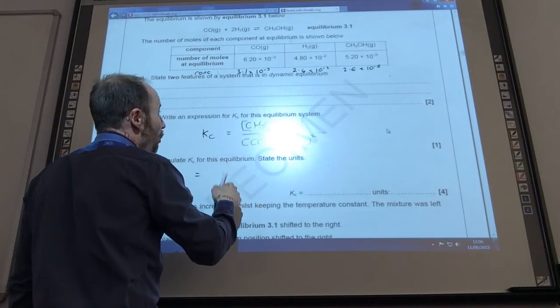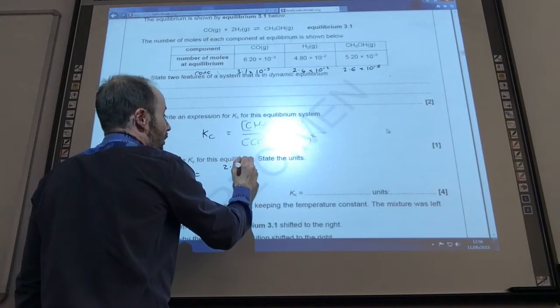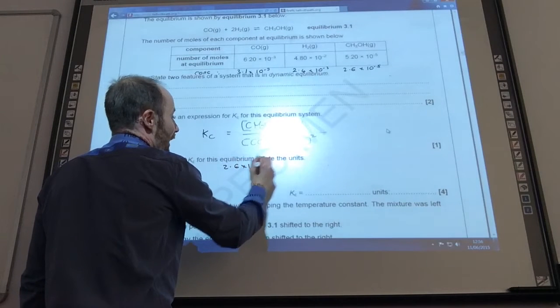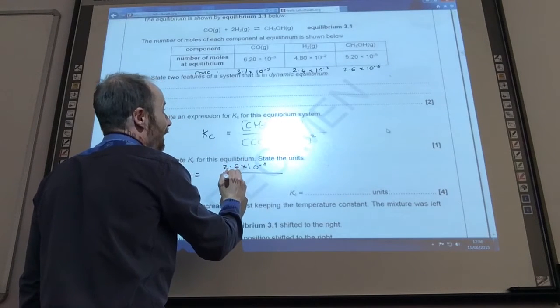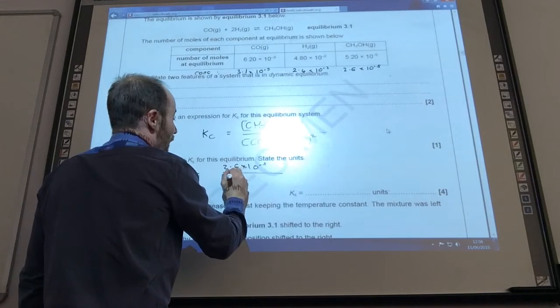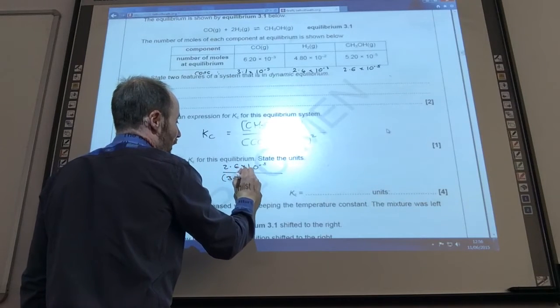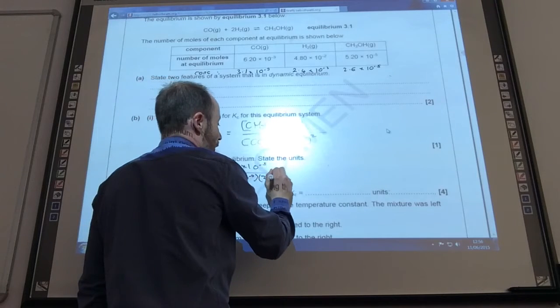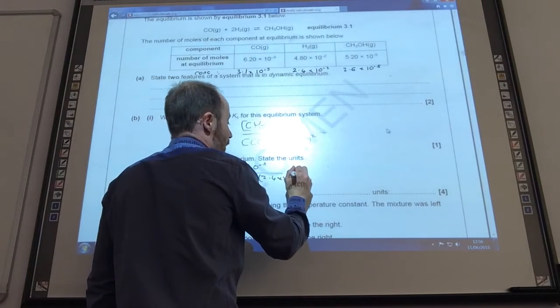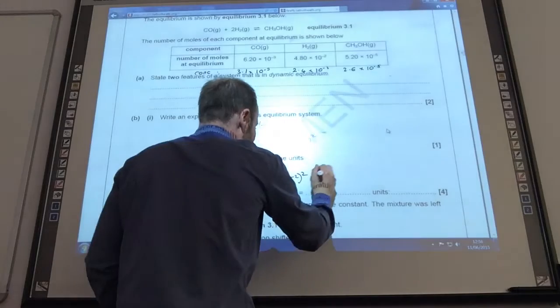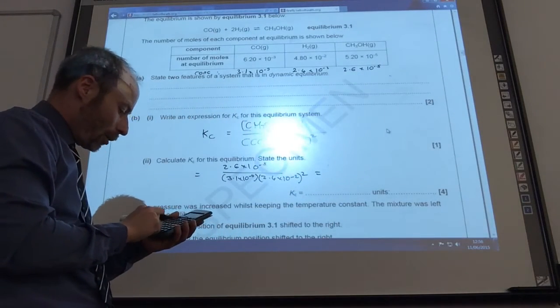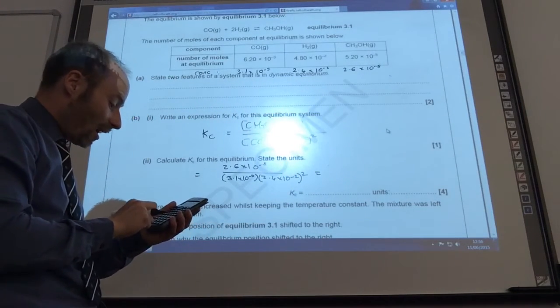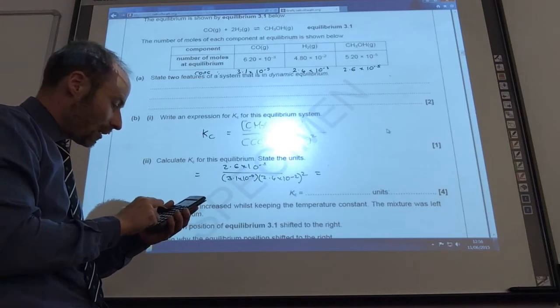So now I put those numbers into Kc. So that becomes 2.6 times 10 to the minus 5 over 3.1 times 10 to the minus 3, times 2.4 times 10 to the minus 2 squared. Right, let's put those into our calculators. I know you kind of think, oh, this is a waste of time.